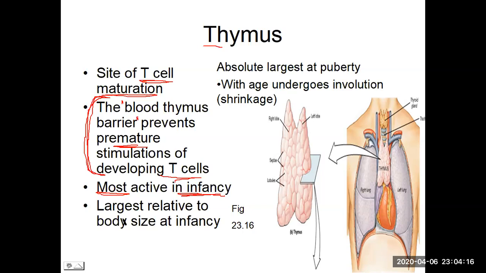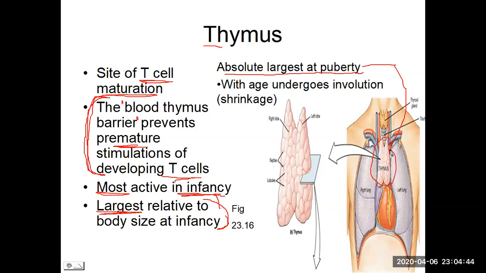Also, relative to the size of a little baby, like a small infant, it's a proportionately large thymus early in life. However, that's relative to the size of the little baby, because we see it reaches its maximum size at puberty, and that would be similar to this illustration down here.